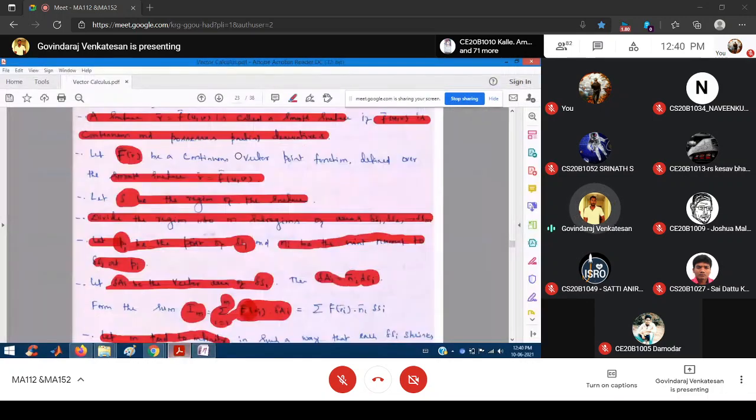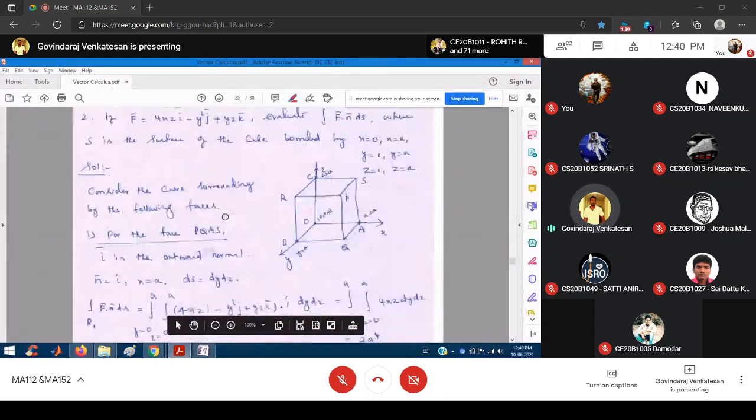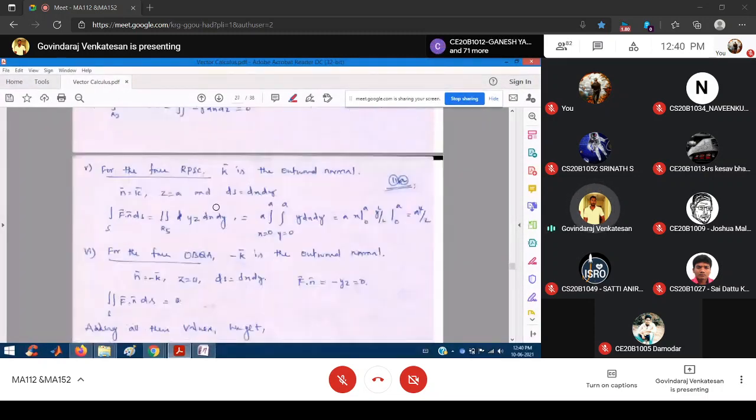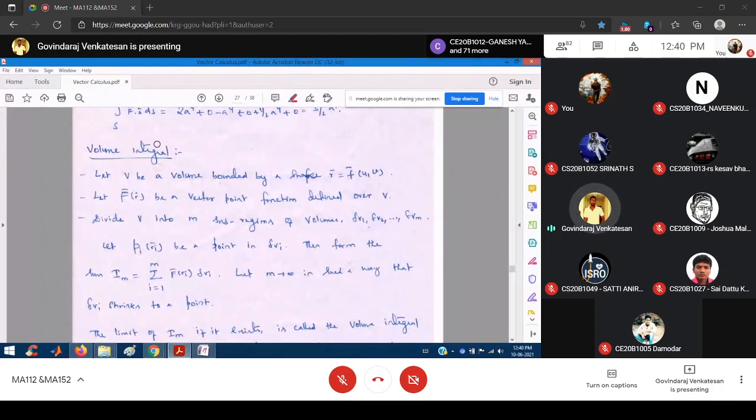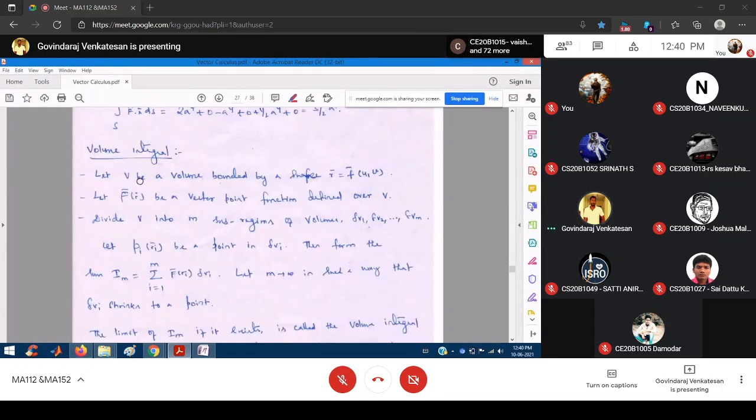Similarly, in the same manner, we can solve for the volume integral. Just to go through how to form the volume integral, the same procedure. We have to define the region V, a vector R, smooth surface, capital F is a vector point function. So divide the volume into sub-volumes, delta V1 to delta Vm.